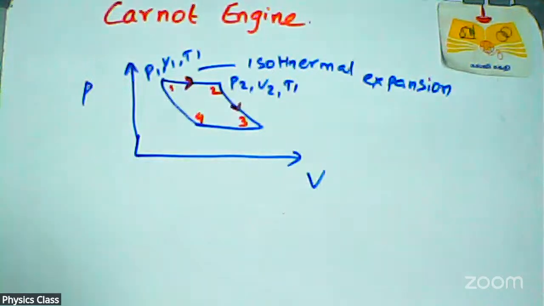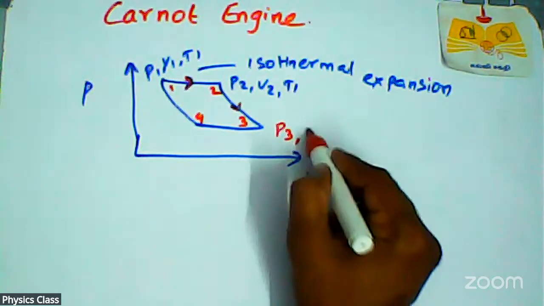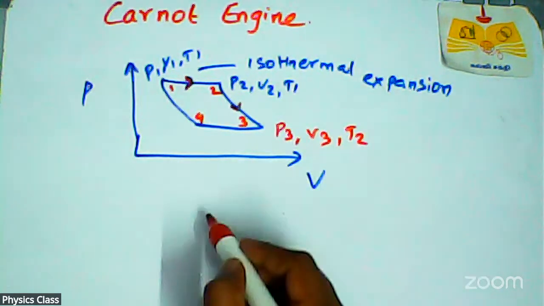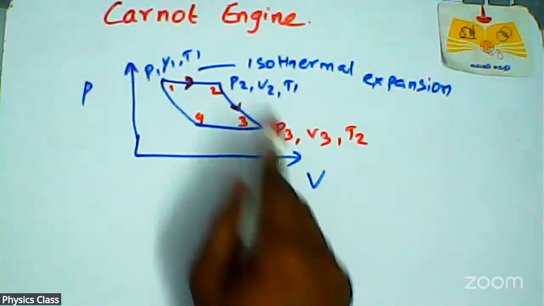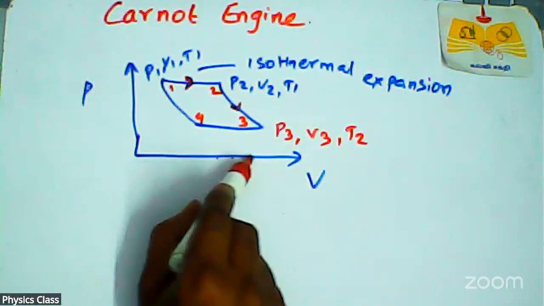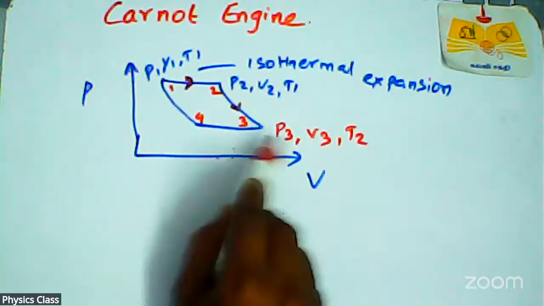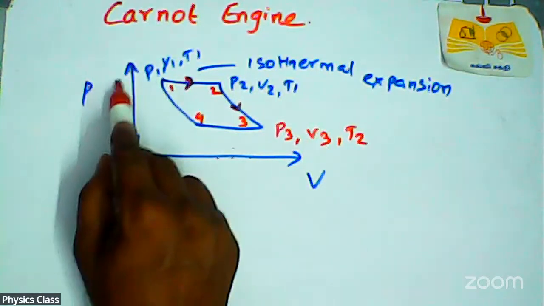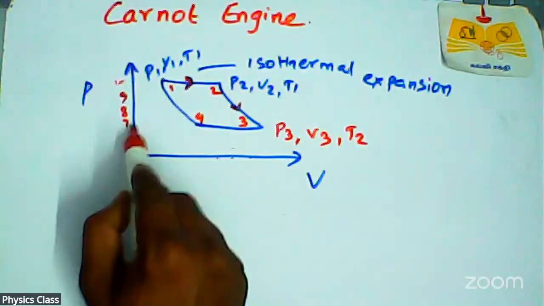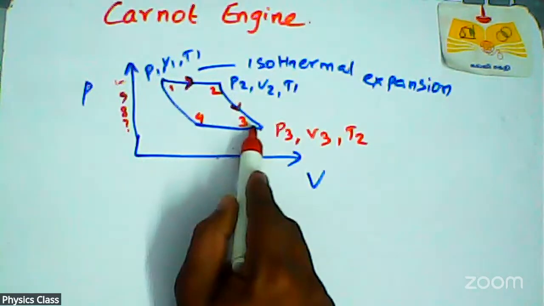The second process goes like that. The second process is adiabatic expansion, reaching the stage at 3: P3, V3, T2. Temperature changes, volume changes, pressure changes. Volume increases from V2 to V3.